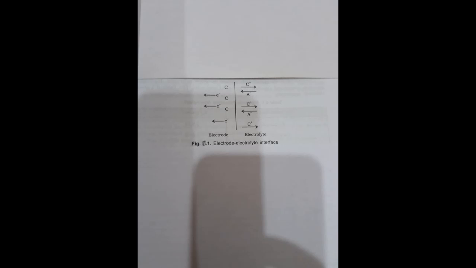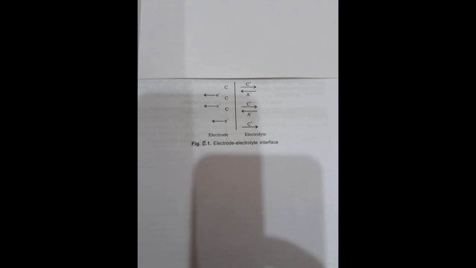It is presumed that the electrode is made up of some atoms of the same material as the cations, and this material in the electrode at the interface can be oxidized to form a cation and some free electrons. The cation is discharged into the electrolyte. The electron serves as a charge carrier in the electrode.